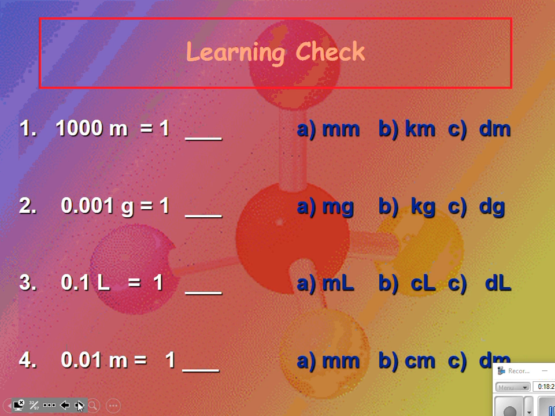A milligram, right? Okay. 0.1 liter is equal to 1 deciliter. It's only one jump, right? 0.01 meters is equal to a centimeter.